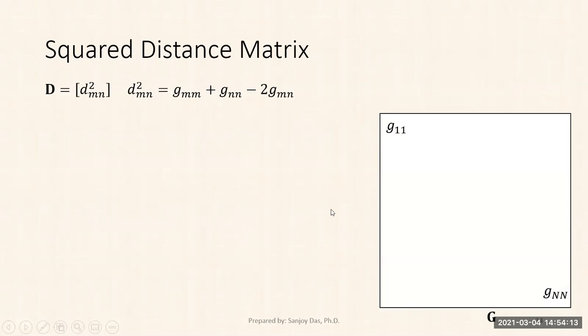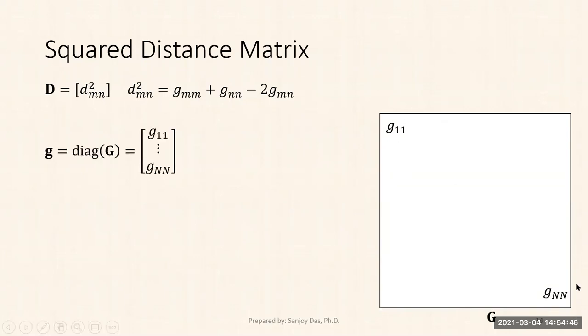Okay, so this is the squared distance matrix D. Its mn-th element is d_mn squared. But we already showed that d_mn squared equals g_mm plus g_nn minus twice g_mn.